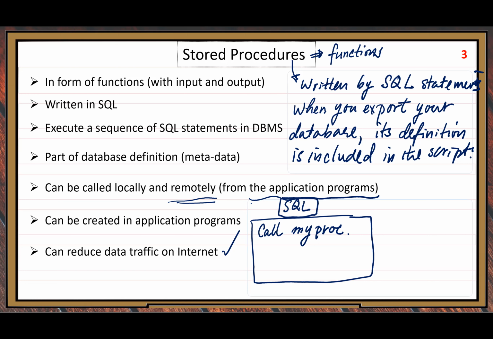In our stored procedure, we can do a lot of data processing work, right? You can imagine in your function definition, you need to execute many query commands. Those query commands return data, the query results. Inside that function, you may need to process the data.